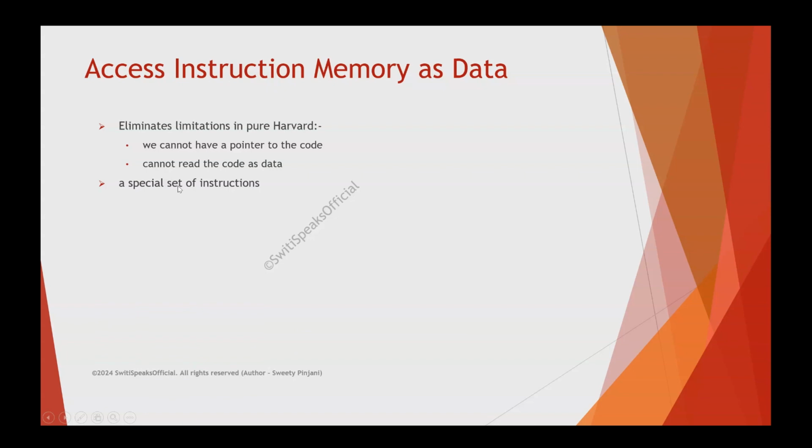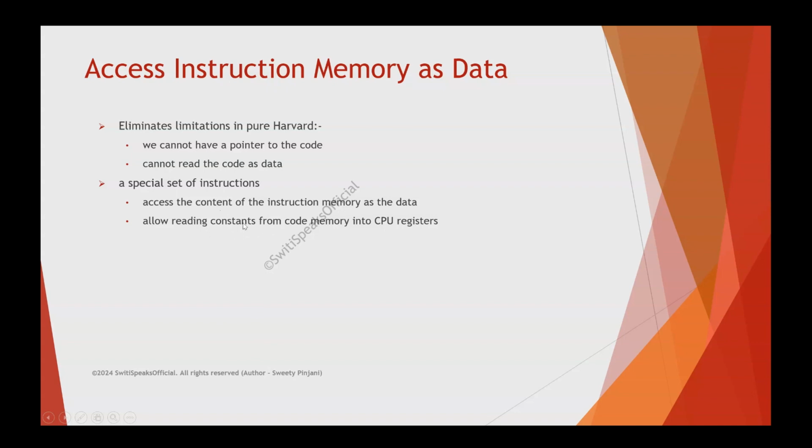In this modified Harvard architecture, we have some special set of instructions. These instructions help us to access the instruction memory as data, and they will allow reading constants from code memory into CPU registers. It is possible that there are some constants in your instruction memory.